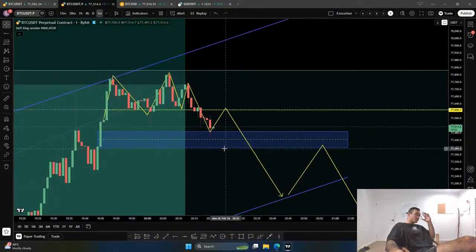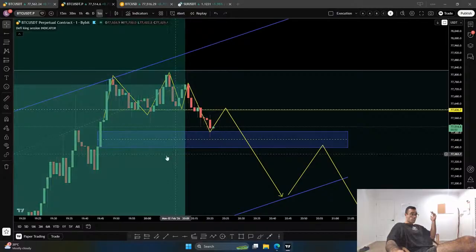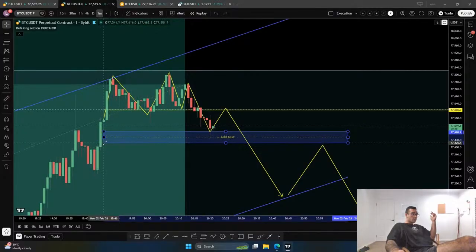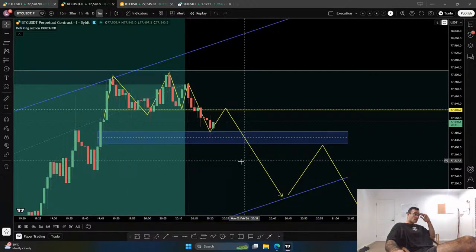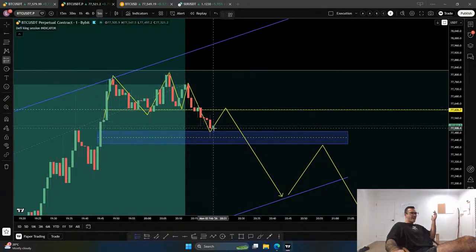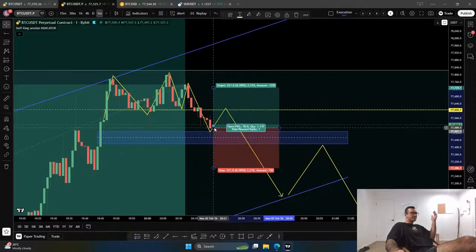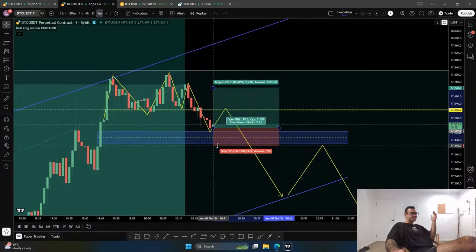So it just tapped that fair value gap. And like I said, see, you could next bar market like that.